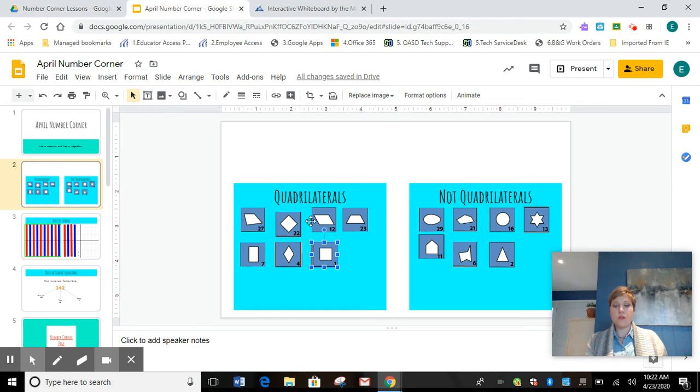We have 2, 4, 6, 7 shapes. 2, 4, 6, 7 shapes. If I was going to compare those with a sentence, what would I say? I would say 7 is the same as 7. You got it. These two areas are equal to each other.